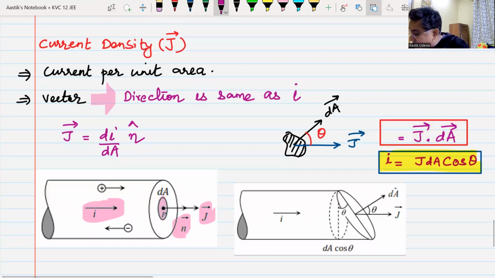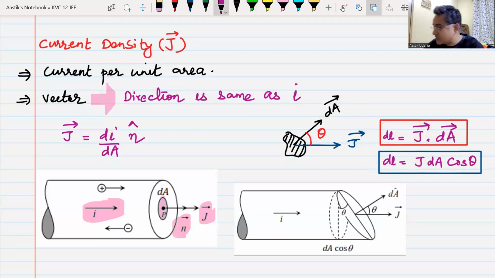So that is the one mistake that I have made. Small current dI will be J dot dA, and I have to correct everything. Small current dI will be J into dA into cos theta.